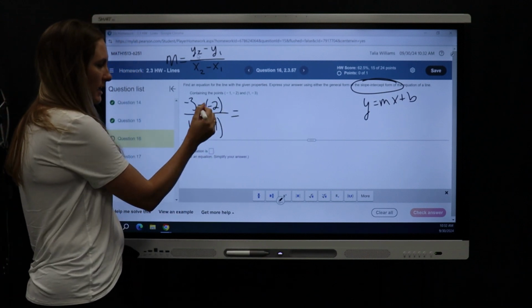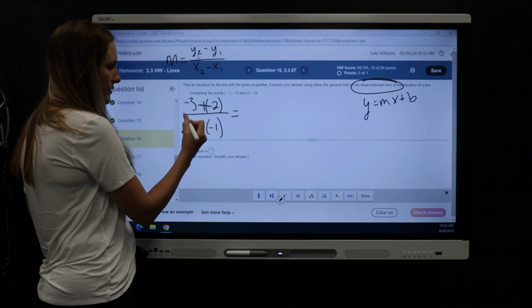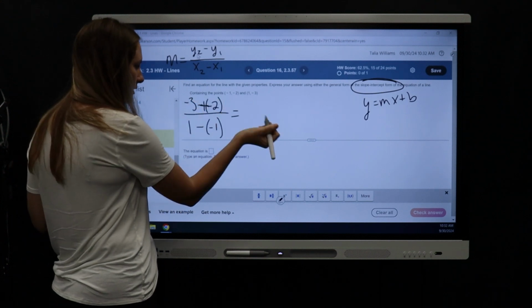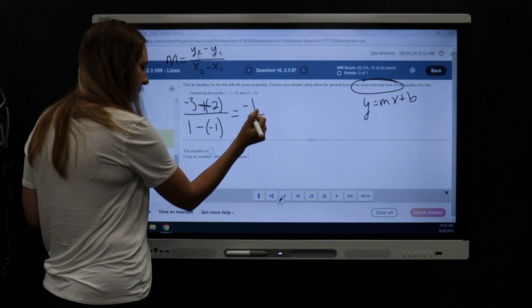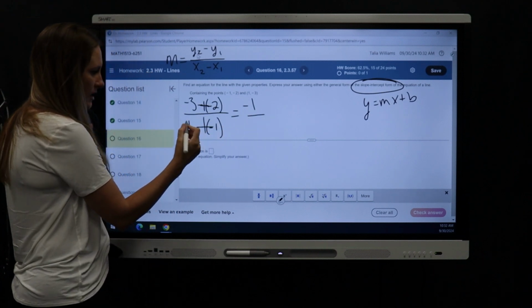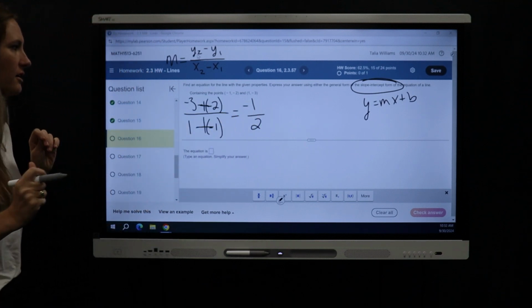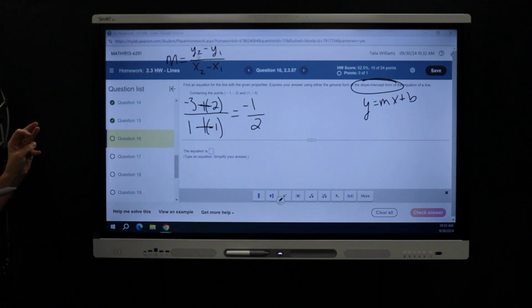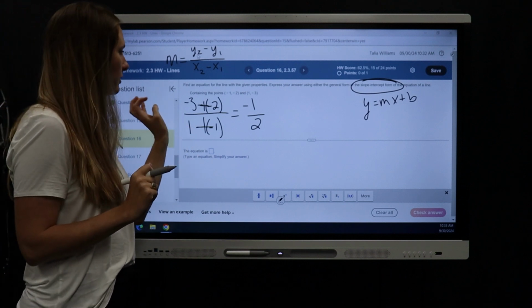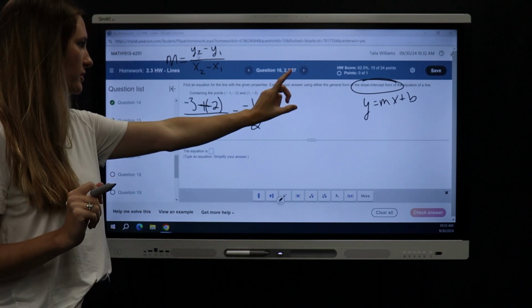But when you subtract a negative, you change it to a plus sign. So -3 plus 2 would be -1. And then here we have 1 plus 1, so 2. So our slope is going to be -1/2. Now then, let's do the point slope form to be able to get it to our slope-intercept form.